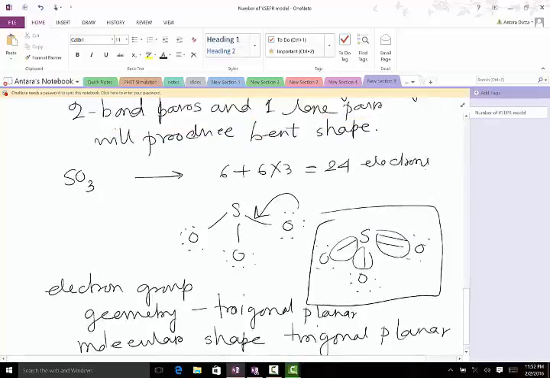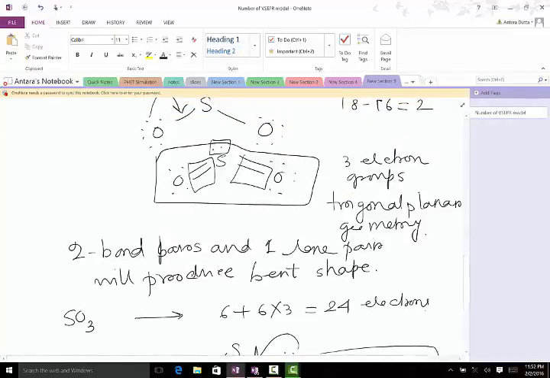Now in the previous case where you have sulfur dioxide with 1 lone pair, the bond angle should also be 120 degrees ideally, but because of the presence of the lone pair, the bond angle is normally less than 120 degrees. But it's okay to write 120 degrees as the bond angle.